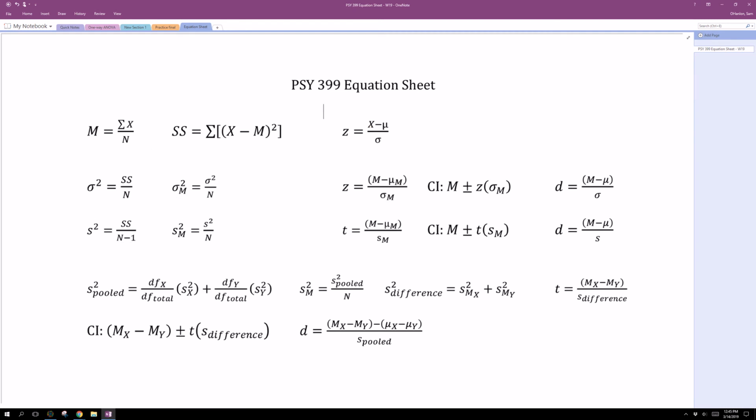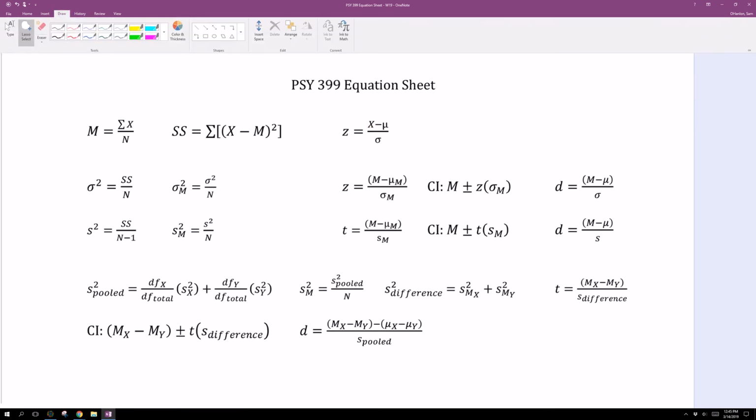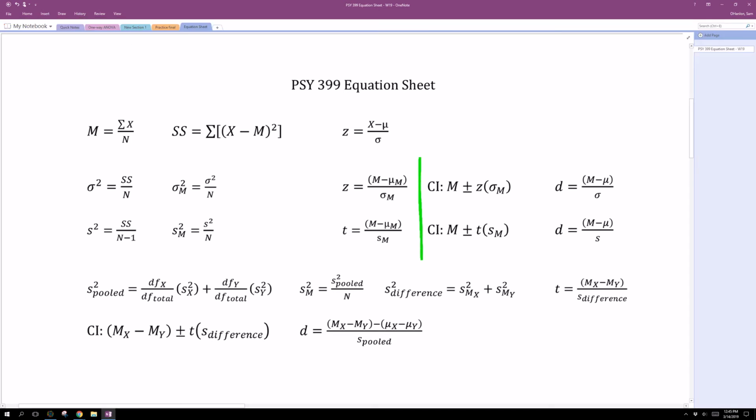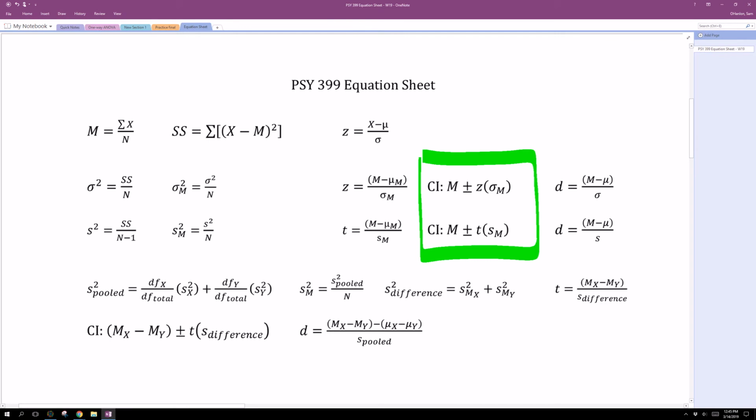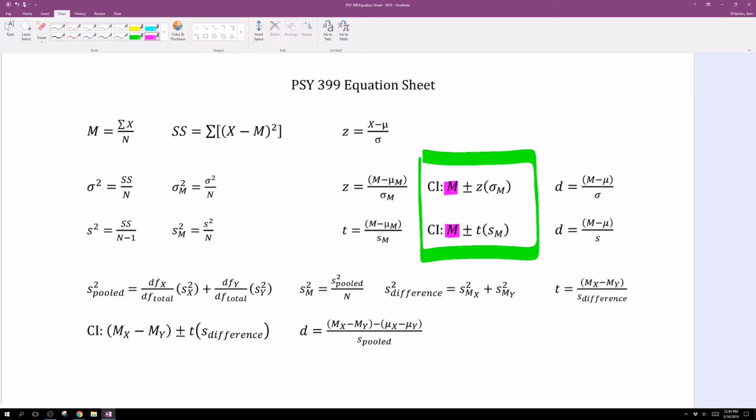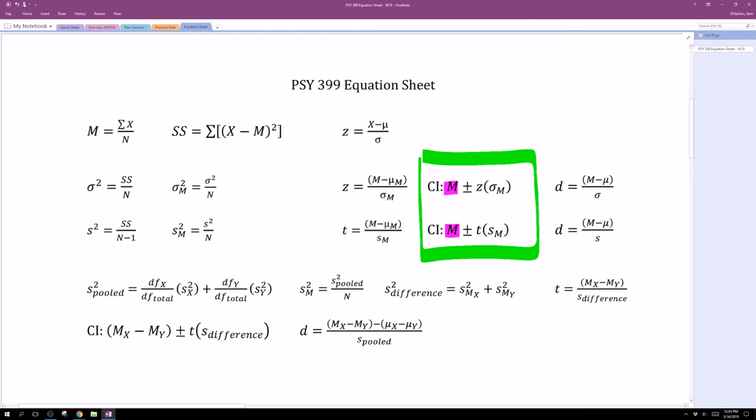Moving on to confidence intervals. Here you have the mean. Notice that it's an m, not a mu, so this is a mean calculated from your sample, plus or minus the test statistic, right?